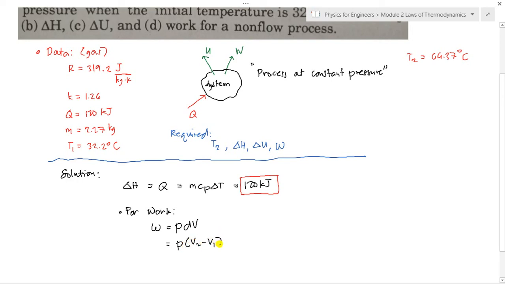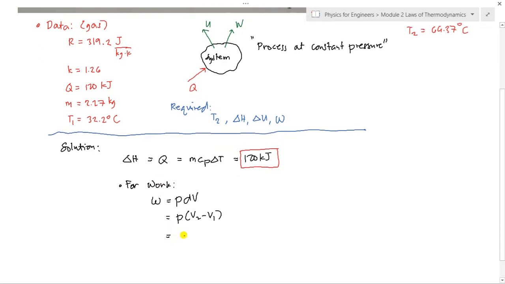Since we don't have any given V2 or V1, we're going to use the other equivalent for this, using the ideal gas law. So in the ideal gas law, P dV is just equal to mR times T2 minus T1. We have the mass, we know the R of the gas, and we have solved for the temperature T2, so we can get it.